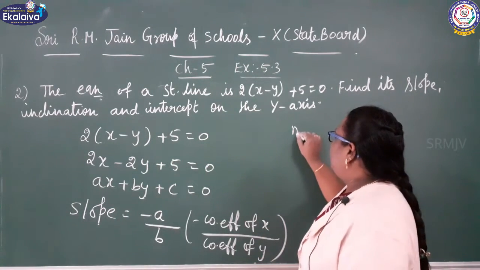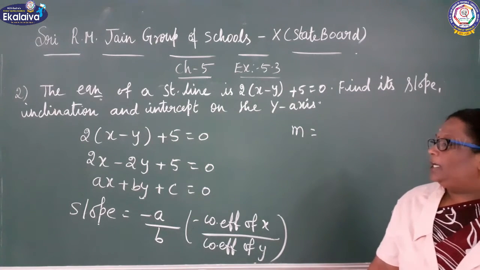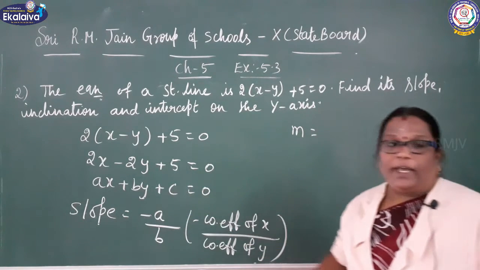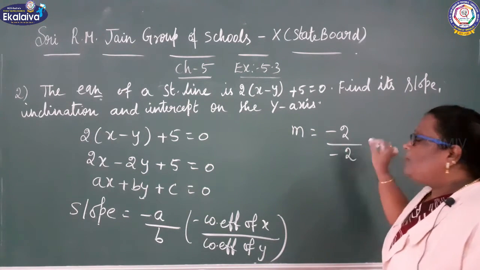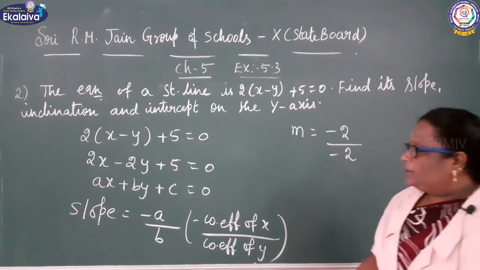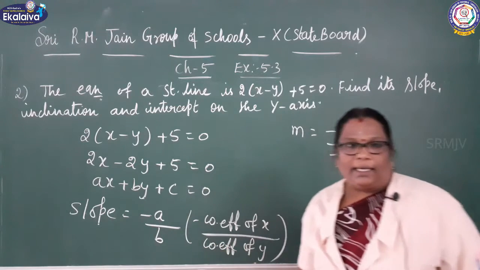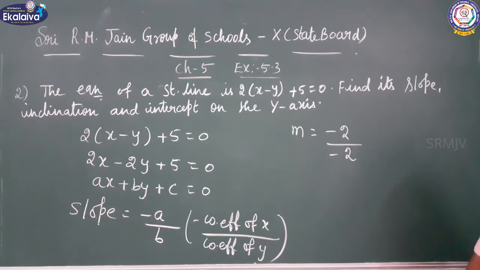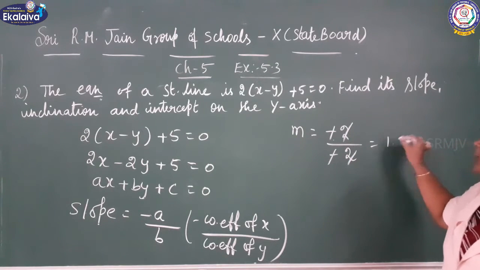So slope m equal to minus 2 by minus 2. The coefficient of x is 2 but the minus is already there. Minus gets cancelled, and the value is 1.